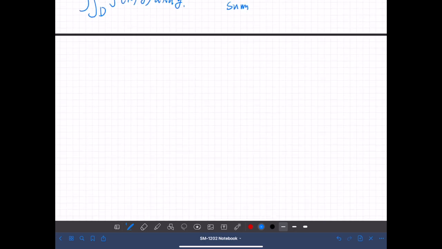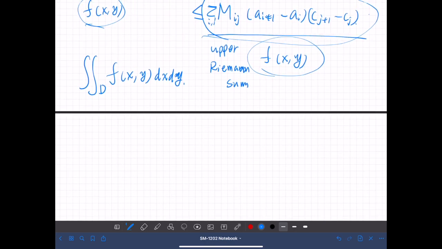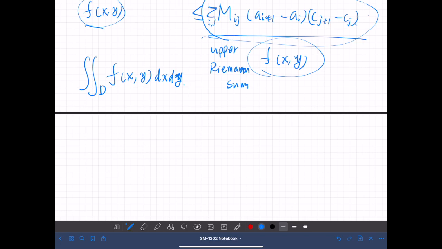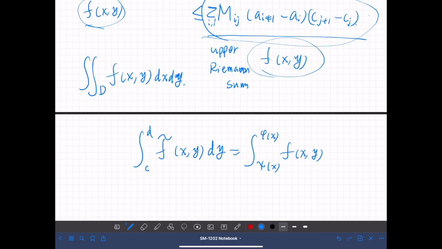On the other hand, by the definition of f tilde, we have this relation. So the integral of f tilde between C and D with respect to y is equal to this, because outside of this range, between psi and phi, the value of f tilde is 0, so this equality holds.